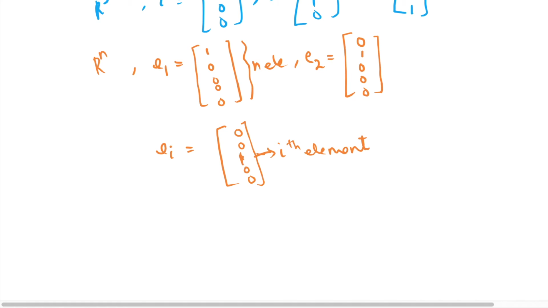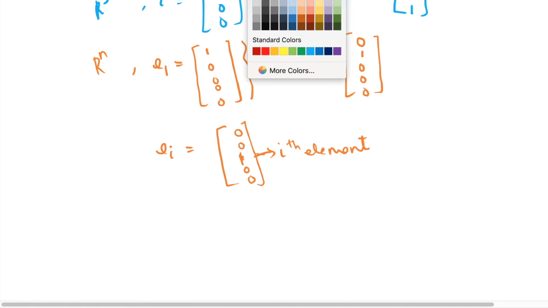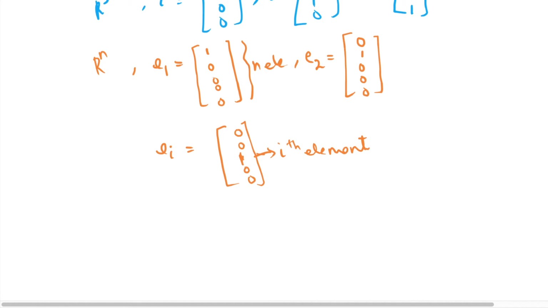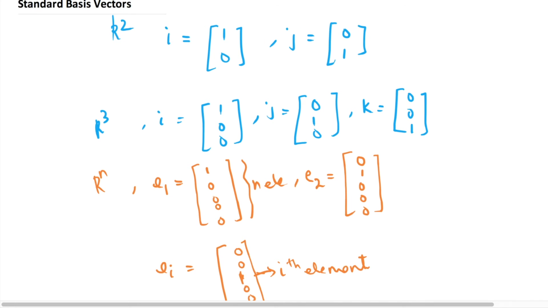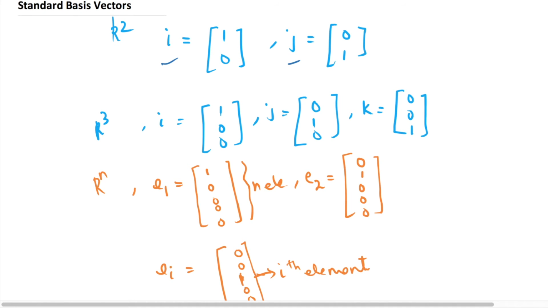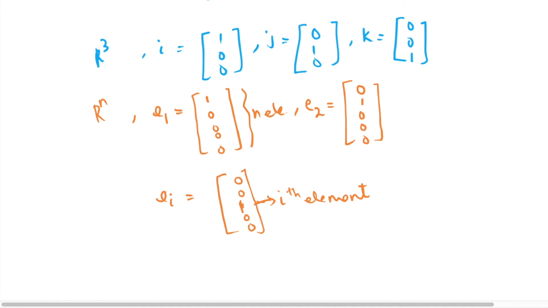So every two-dimensional vector is a linear combination of standard basis vectors i and j. And you can see why this is the case.